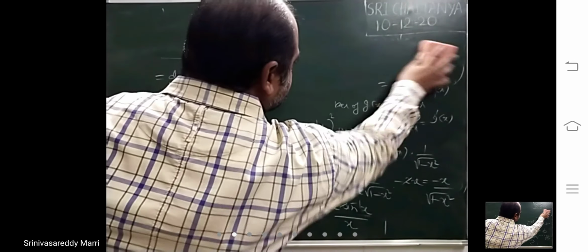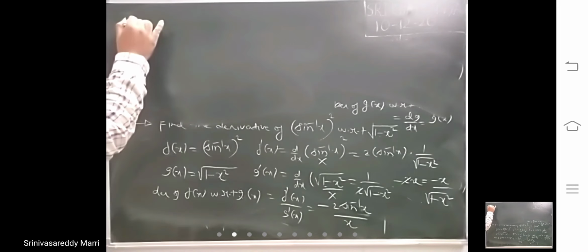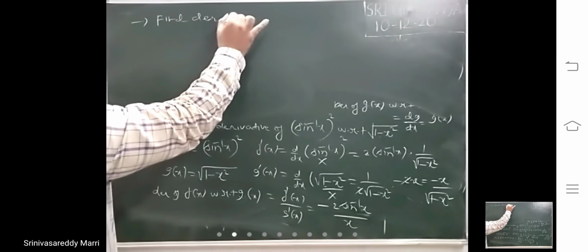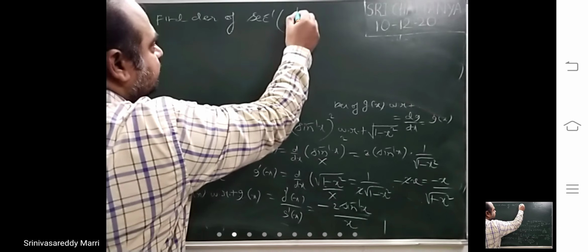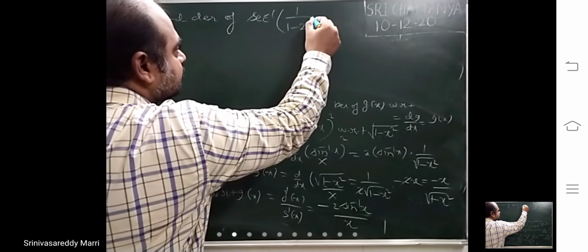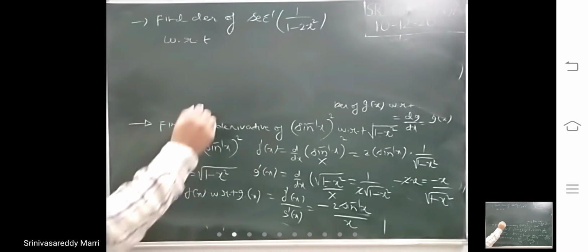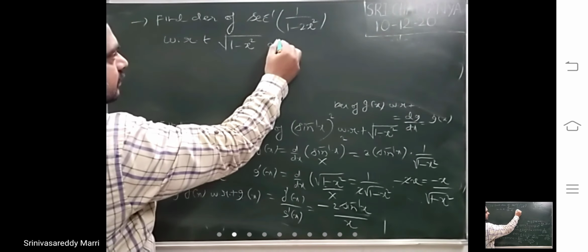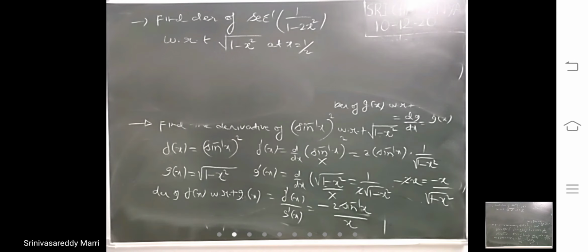Take another model. Find derivative of secant inverse of 1 by (2x square minus 1) with respect to root of 1 minus x square at x equal to 1 by 2.